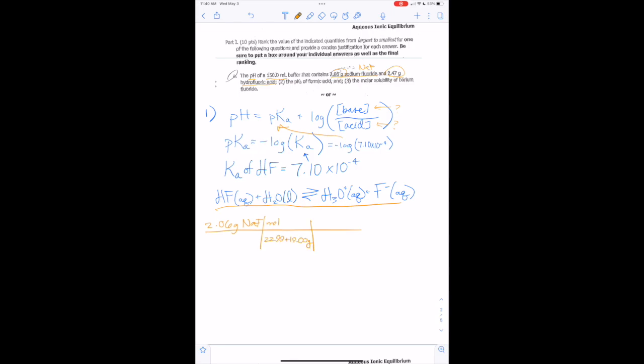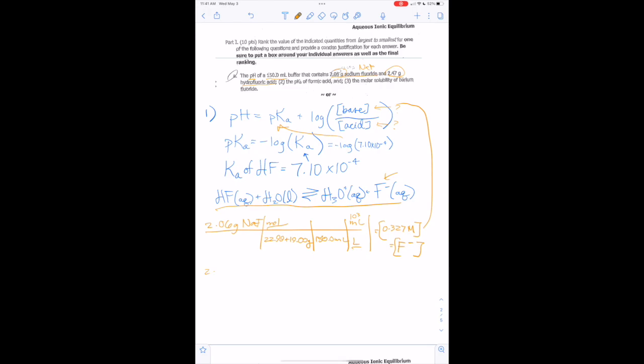And then I'm going to multiply by 150 milliliters because that's our volume, and then 10 to the 3rd milliliters in a liter to get moles over liters in my final answer. So that's going to be 0.327 molar is our concentration of NaF, but because NaF fully dissociates, we can also call that our concentration of F minus, which is what we want to plug in for our base. So that's going to be plugged in there in our equation.